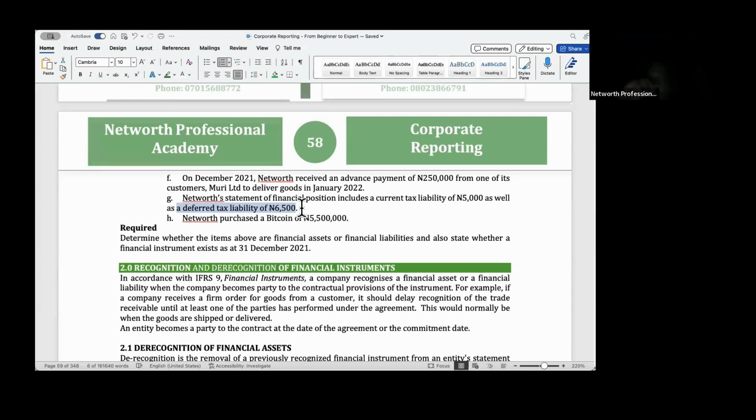You don't have a contractual obligation to deliver cash. Okay, so it's quite clear in the standard. They were very specific about current tax or tax liability generally, that they are not a financial liability, majorly because there is no contract with the government. You don't have a contract with the government.